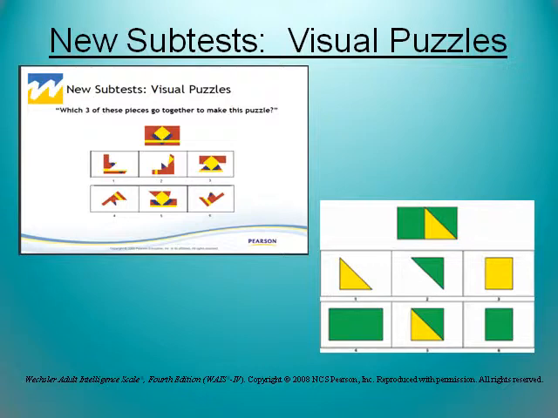I cannot stack the pieces to make them look like the puzzle. These 3 pieces, 1, 2, and 6, are the only ones that fit next to each other to look like the puzzle. And then you proceed to the sample items.